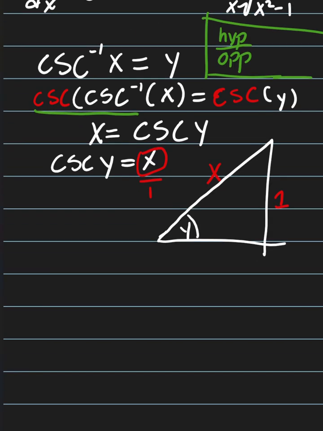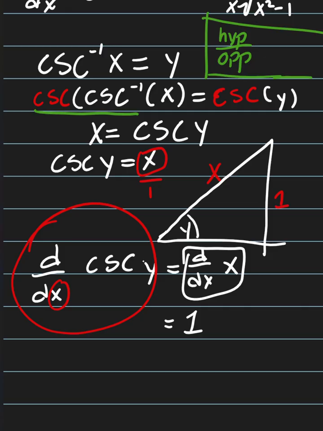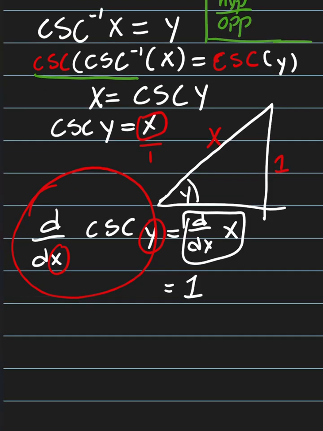So let's do it. Once again, we're just ignoring that derivative. We have x equal to cosecant y, so take d by dx of x. There is no issue over here because it's with respect to x, so this is equal to 1. But we have an issue over here because it's with respect to x and there's a y, which means we must use implicit differentiation.